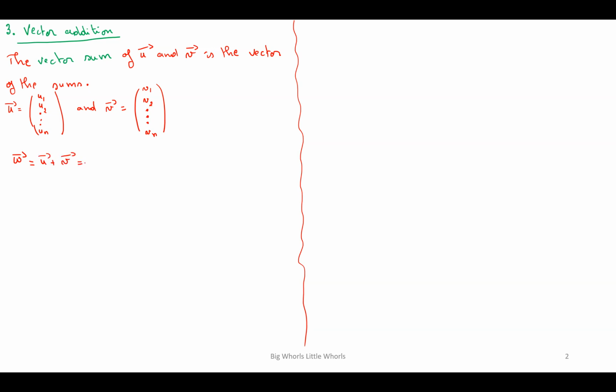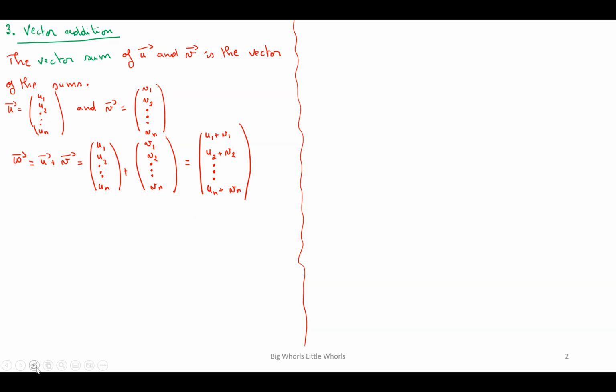How would we do the addition of two vectors? First of all, they must have the same dimensions. That means they must have the same number of components. So we have u1, u2, un plus v1, v2, vn, which is going to be equal to u1 plus v1, u2 plus v2, and un plus vn. Okay, so that's the sum of two vectors.